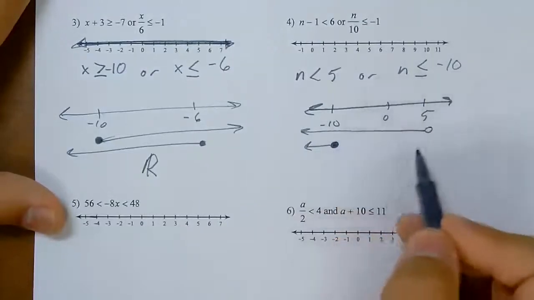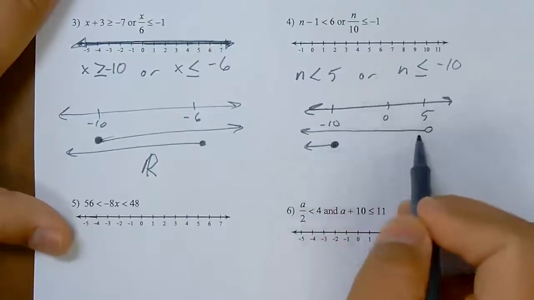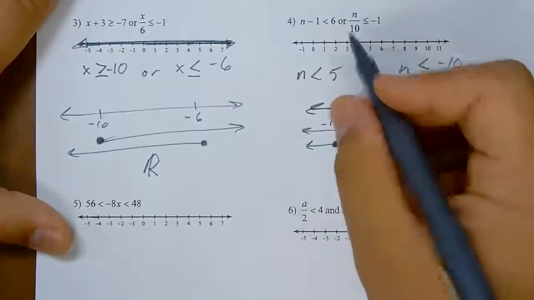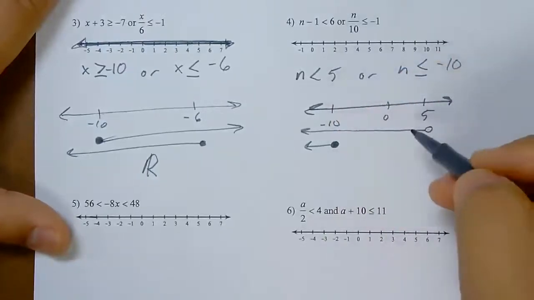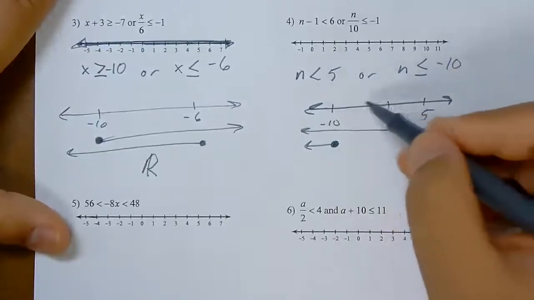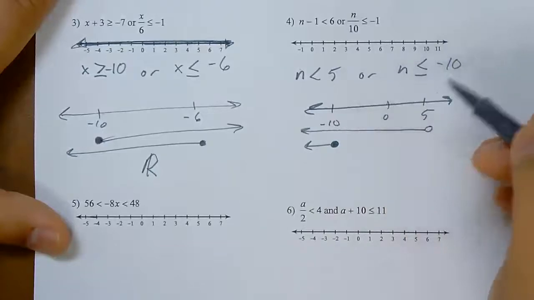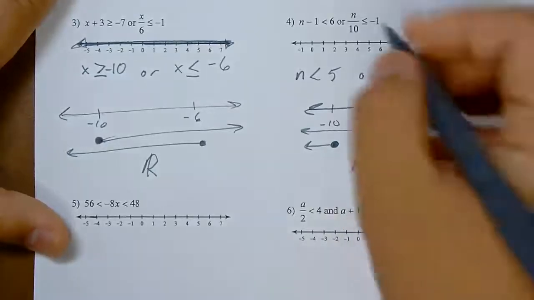For or problems, it's whichever one encompasses more. So it's kind of this back one. For or problems, we're trying to graph as much as possible. And so if there's a value for n or x, whatever the variable may be, that satisfies even one of these conditions, then that's the one we want to choose. So it's just going to be n is less than 5.